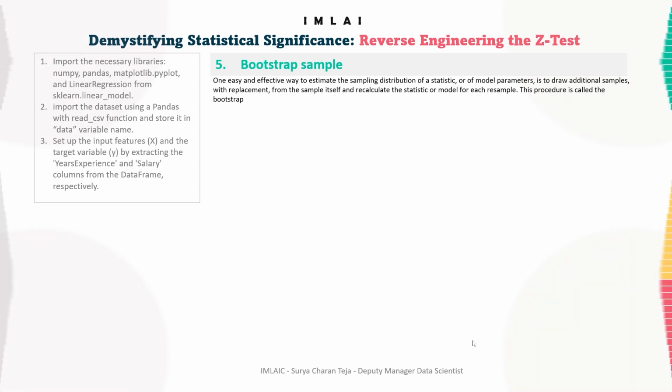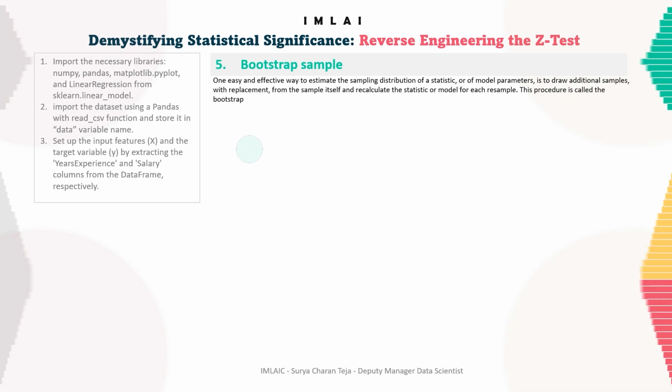The statistic could be the mean, or it could be a proportion. So from the sample itself, we recalculate the statistic or model for each resample. This procedure is called the bootstrap.